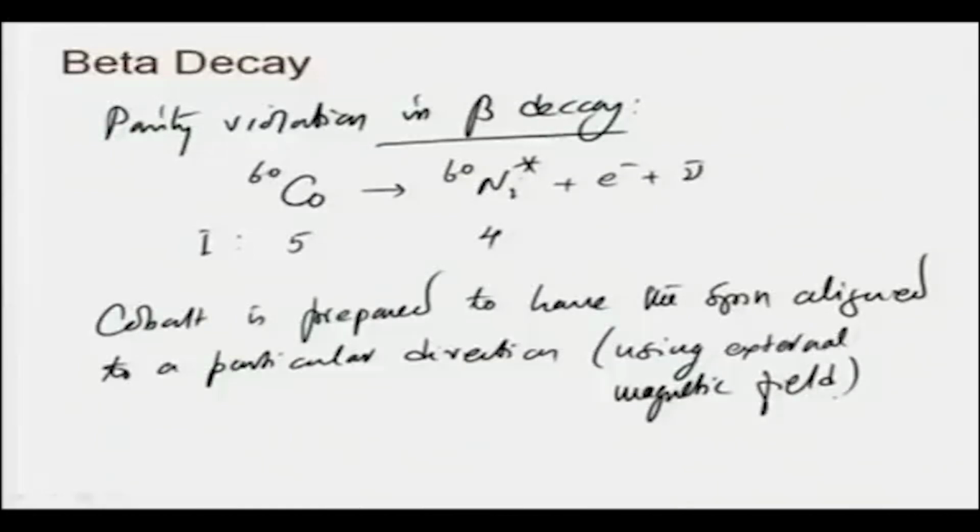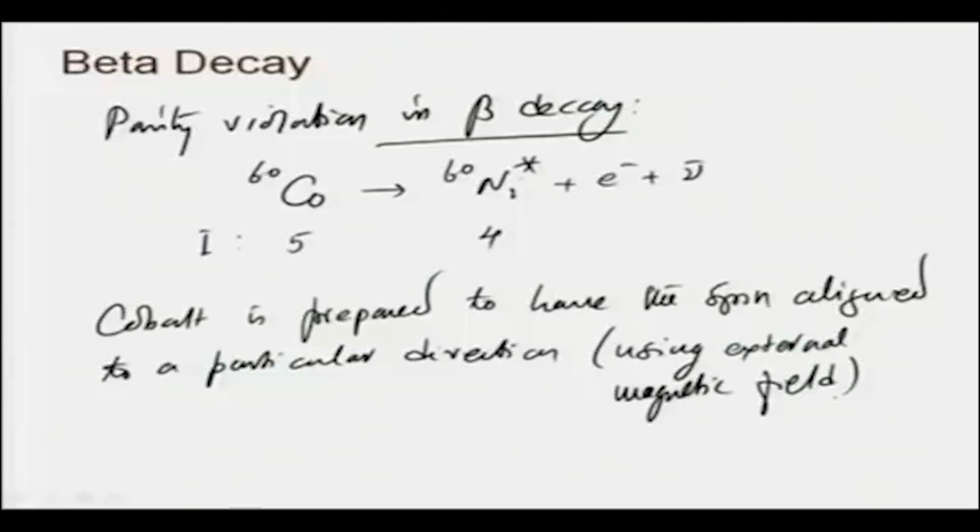If you do not prepare it in that fashion, then although it has large spin, if you take a sample of 10,000 of such nuclei or much more, even 1 mole with 10 power 23 cobalt nuclei, those will all be randomly arranged, and therefore the total spin of the sample is equal to 0.